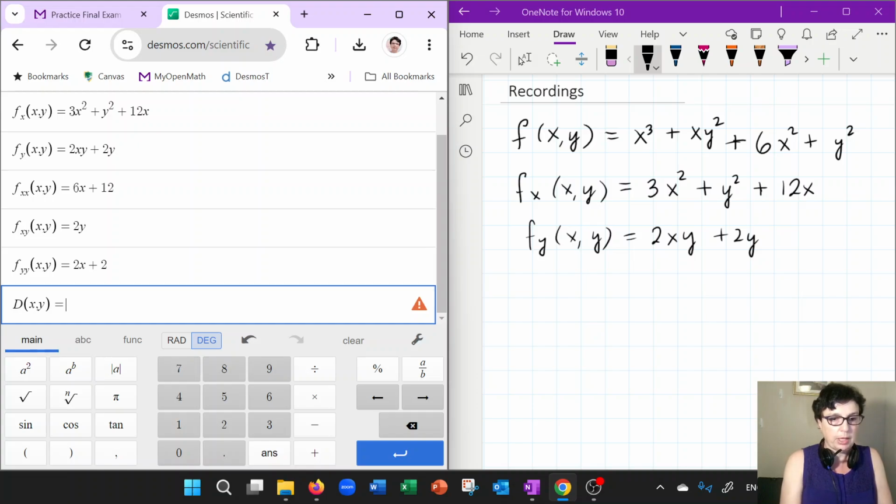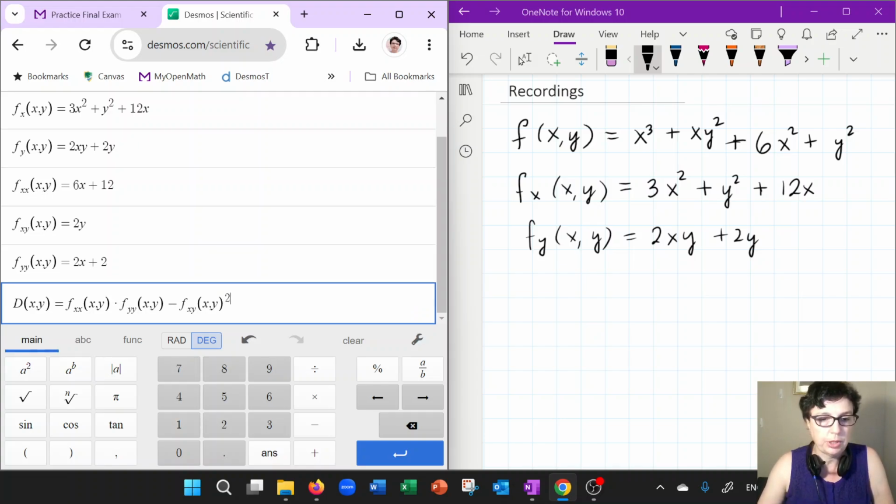And I always recommend typing it, so you have it on the formula sheet. The way it works is you take fxx, and notice how you have to put xx everywhere, multiplied by fyy, and subtract fxy squared. Okay, so that's your D.